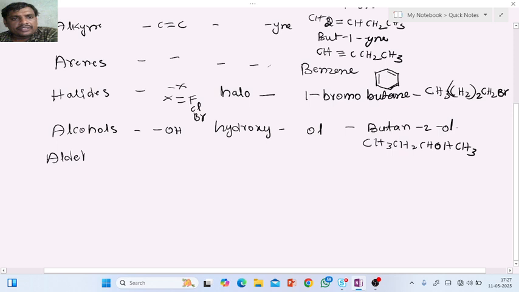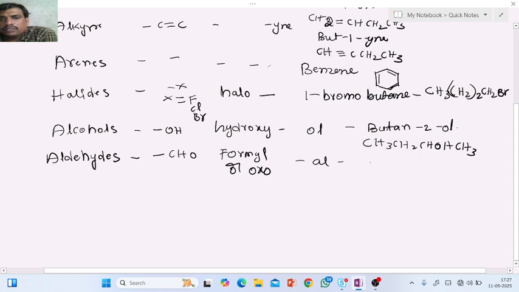Okay. Now after alcohol, aldehydes can be taken as another example. Aldehydes are functionally represented by the CHO group, and the prefix is formyl or oxo. Al is the suffix.